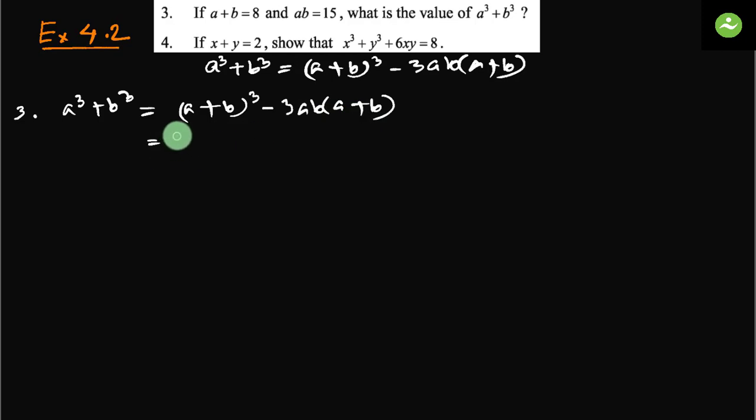Now let us put the value of a plus b and ab. Then this is 8 cube minus 3 into 15 into 8, because a plus b equals 8.